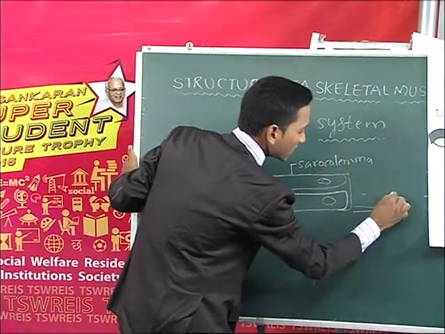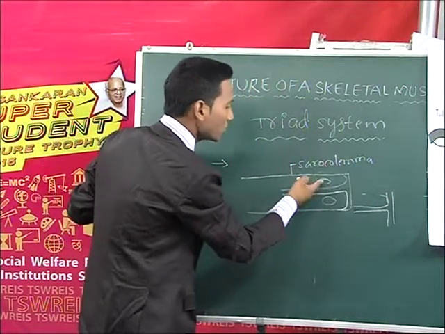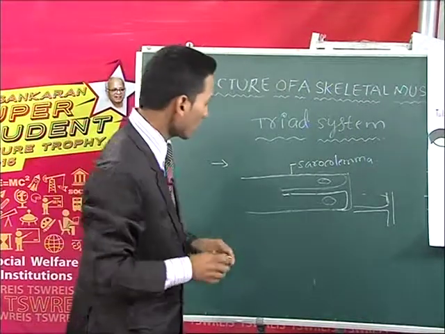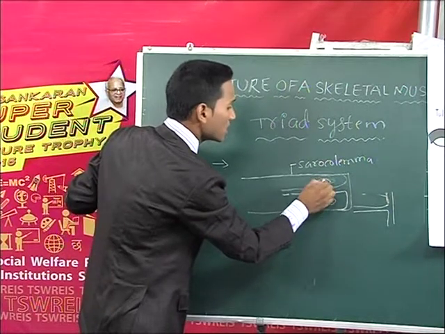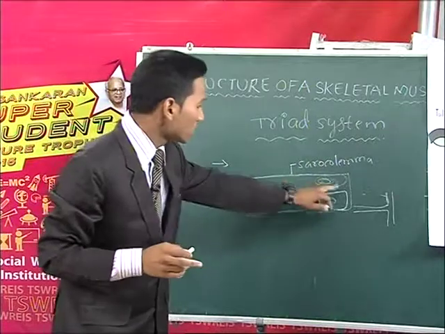This is a T tubule, and one T tubule and two cisternae are called the triad system. Most of the stored calcium is present in the two cisternae.